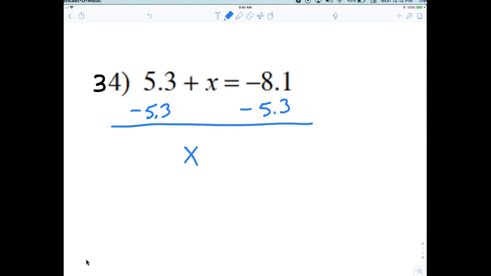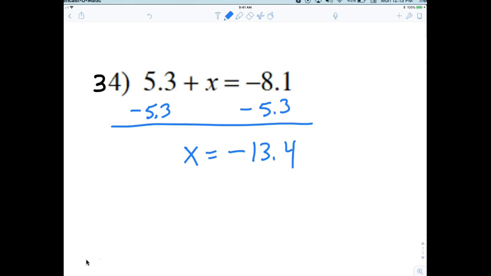So x equals, now, is the answer positive or negative? It's negative. So it'd be negative what? 13.4. That's easy. I would want you to just do the mental math there. 8 and 5 is 13. 3 and 1 is 4. Everybody good with this? Negative 13.4.